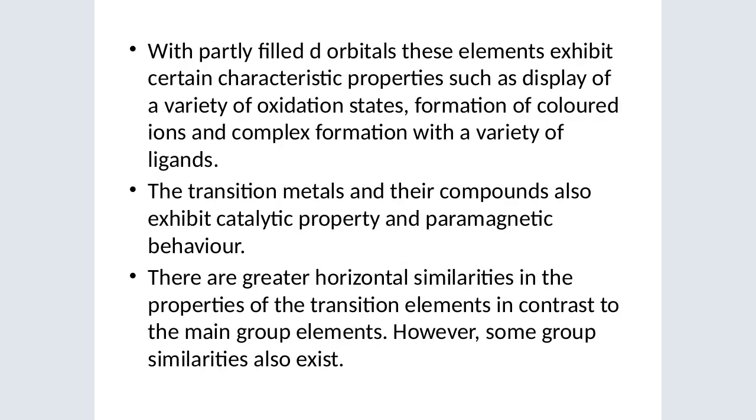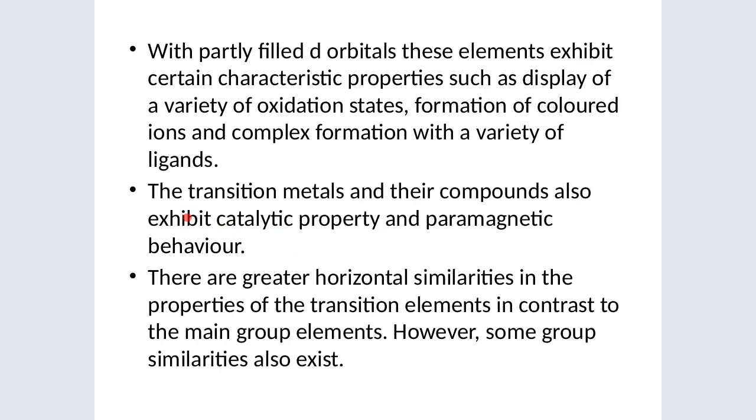With the partly filled d orbitals, the elements exhibit certain characteristic properties that make their chemistry so very interesting, and this includes display of a variety of oxidation states, formation of colored ions, and formation of complexes with ligands, where ligands are electron donor species. Transition metals and their compounds also exhibit catalytic properties and paramagnetic behavior.